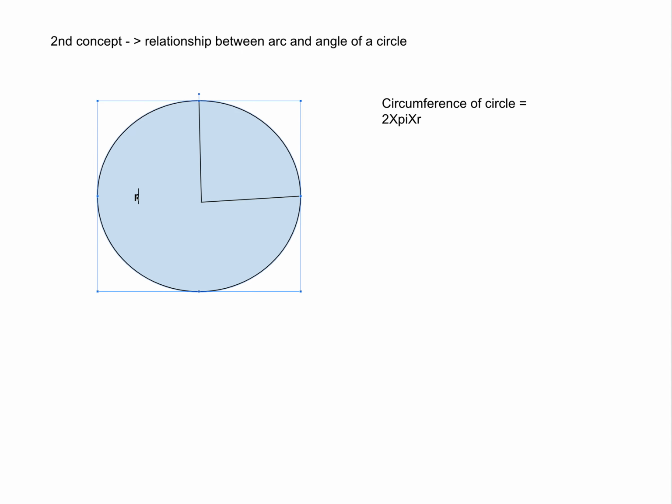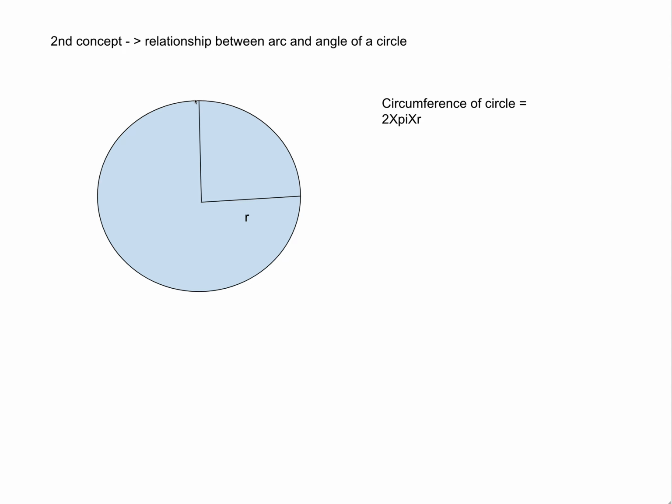I don't know how to drag this one here. I'll just put a text box here and write r like this. So this is the radius, and this one is the arc.